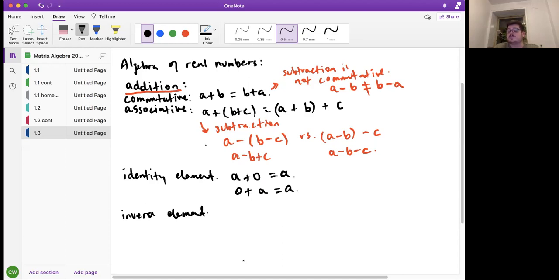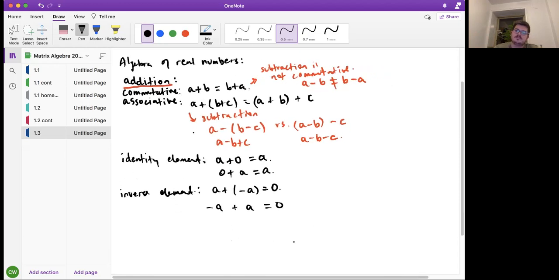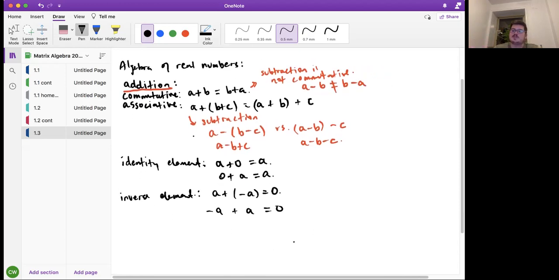That's what I mean by identity. And remember what inverse means? It's the element that you add to get the identity back. So the inverse of a is negative a, and the inverse of negative a is positive a.